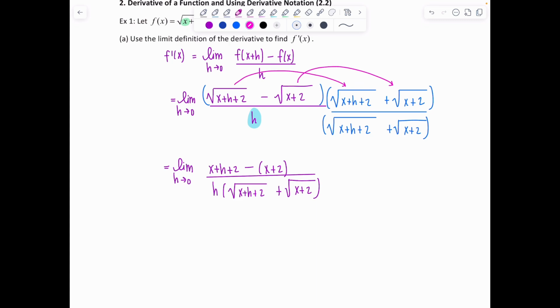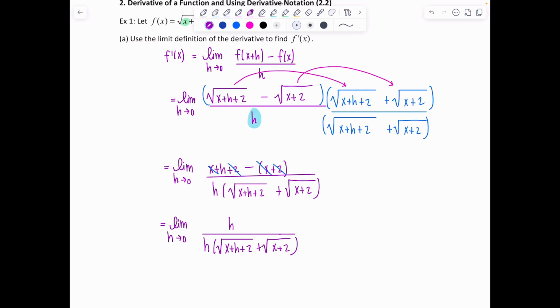Okay, now we have ourselves a little cancel party. Cancel the x's, cancel the 2's. I still have an h in the numerator. So limit as h goes to 0, h over h times the square root of x plus h plus 2 plus the square root of x plus 2.